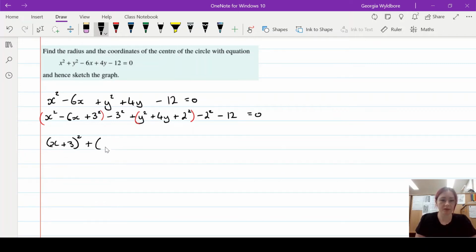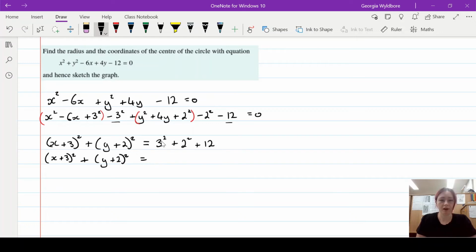Our y terms simplify to y plus 2 squared, and then we're going to do our 3 squared, which is this term here, plus 2 squared plus 12. Simplifying that, this side will stay the same, plus 2 squared.